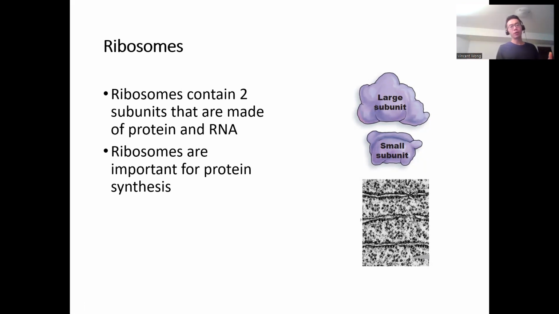The function of the ribosome is protein synthesis. Let's think back to lecture 2. You should know, because you have a quiz today, proteins are made of amino acids.